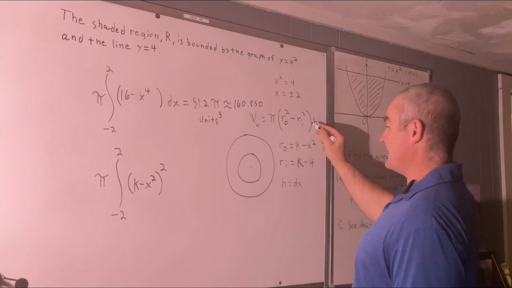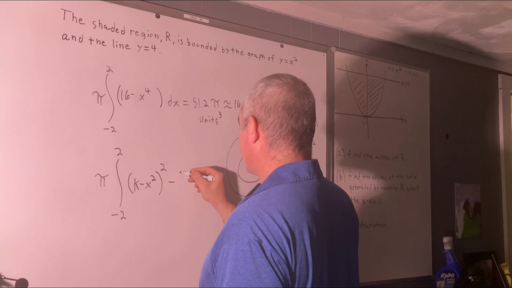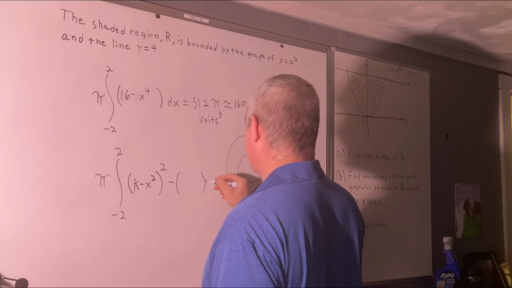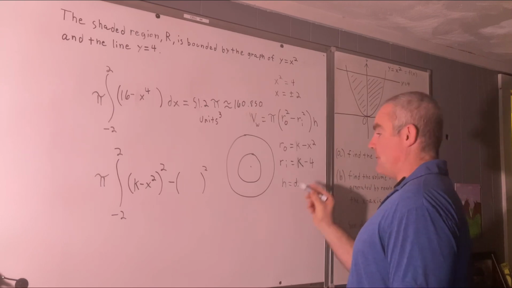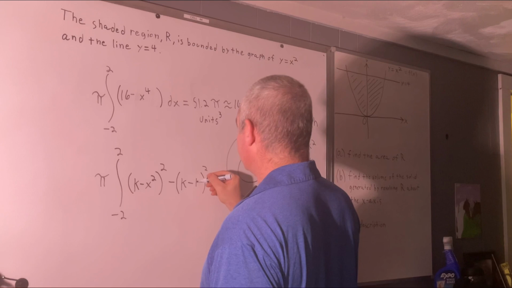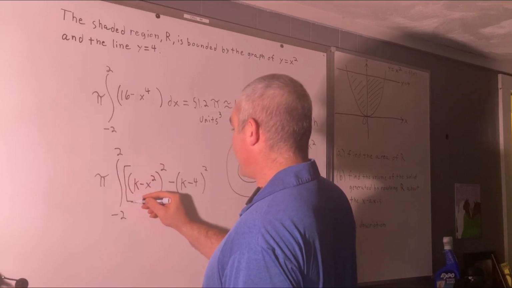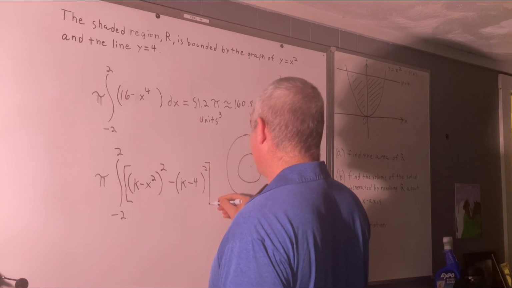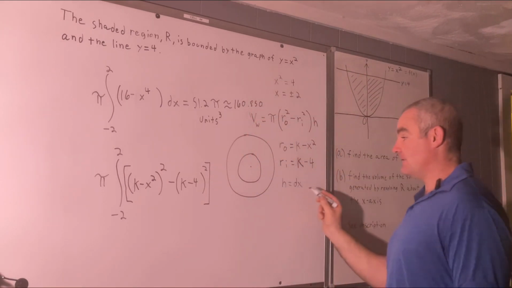Then minus our inner radius squared. So minus something squared. Our inner radius is k minus 4. Okay. And let's put some square brackets around that. And then, of course, we have times our height. Our height is dx again.